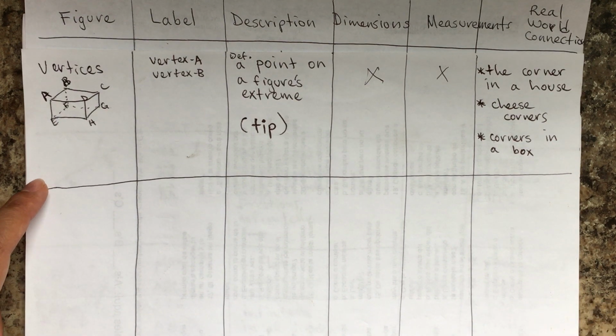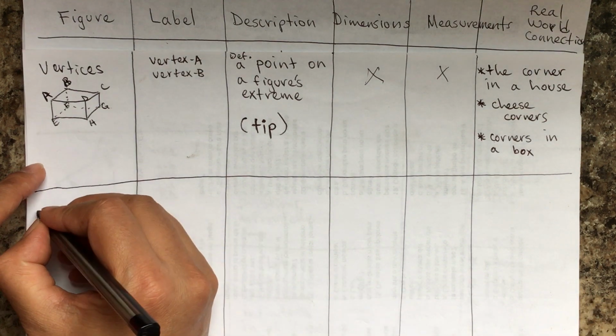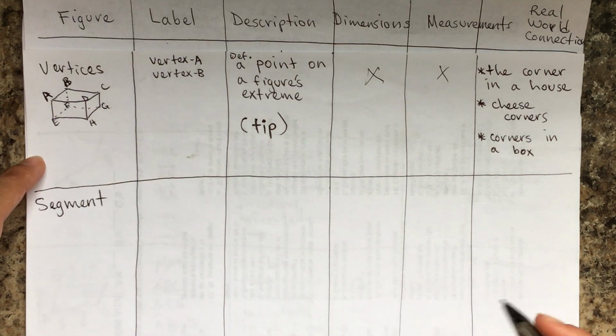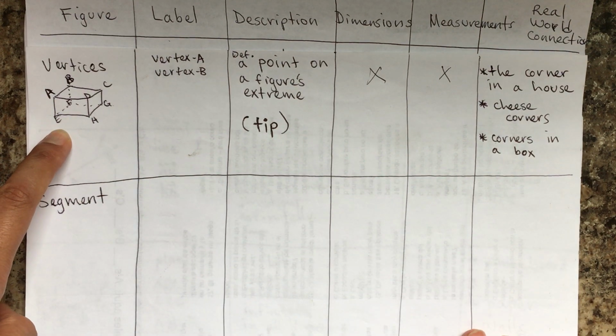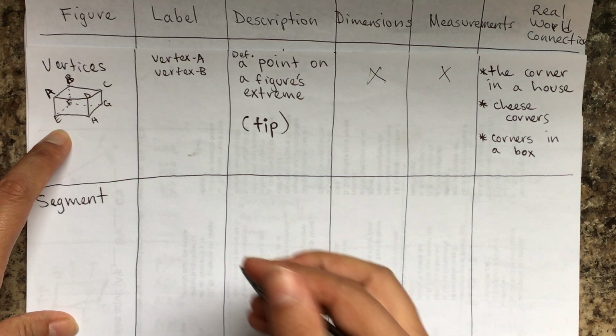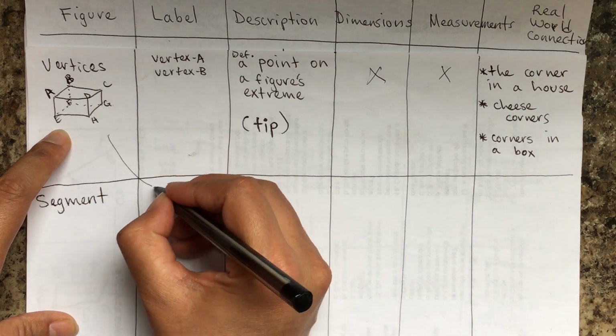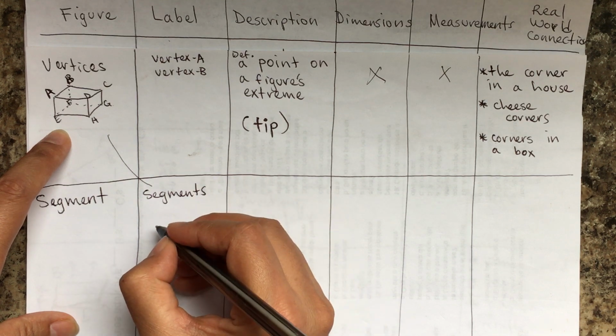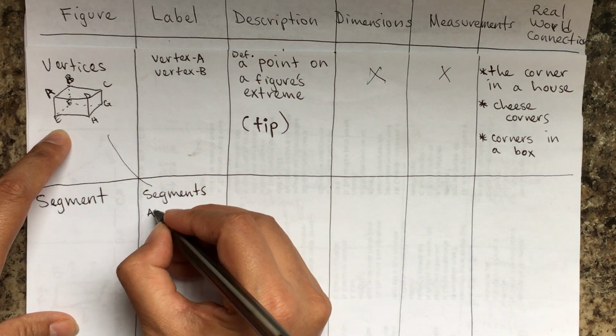Another one that we're going to learn about is segment. And from this box, we can say segments AB.